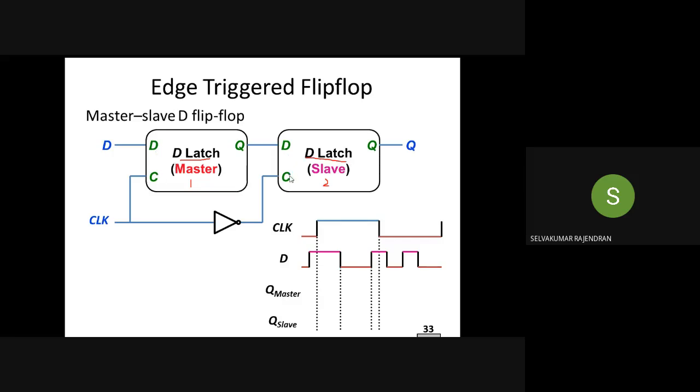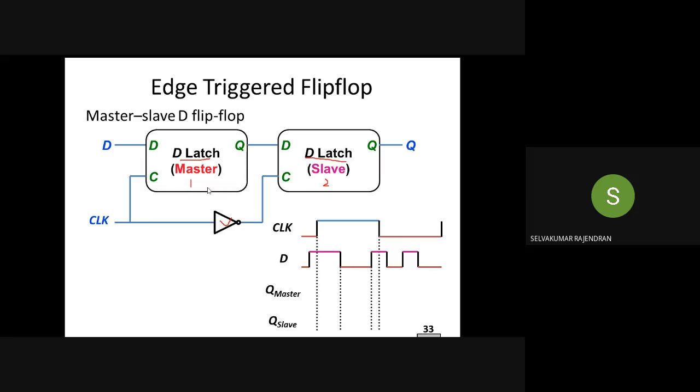The master stage is controlled by the true form of the clock signal, that is, the clock is directly applied to the master stage, but the slave stage gets the complement of the clock signal. With the help of this NOT gate, we are complementing the clock signal.